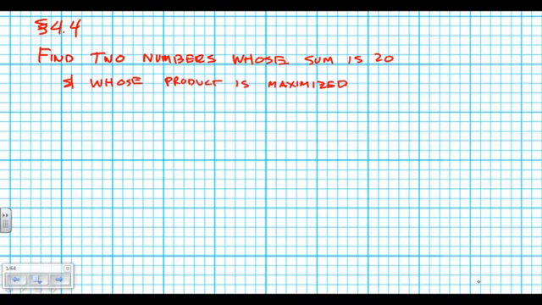All right? How do we prove when we've reached a maximum or a minimum? We prove it by saying that we have a derivative that has a critical point and that the derivative has changed from positive to negative, the first derivative test. So in this case, I'm going to say I have two numbers. X is my first number.